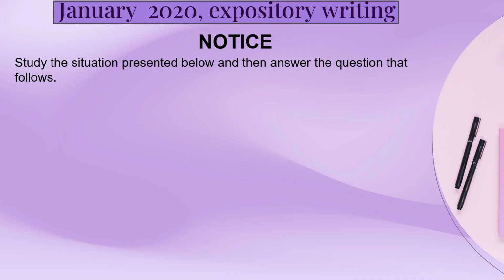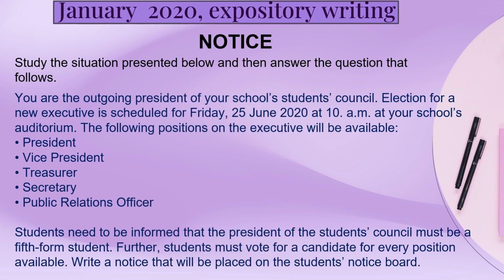Here we go. You are the outgoing president of your school's Students' Council. Election for a new executive is scheduled for Friday the 25th of June 2020 at 10 a.m. at the school's auditorium. The following positions on the executive will be available: President, Vice President, Treasurer, Secretary, Public Relations Officer.